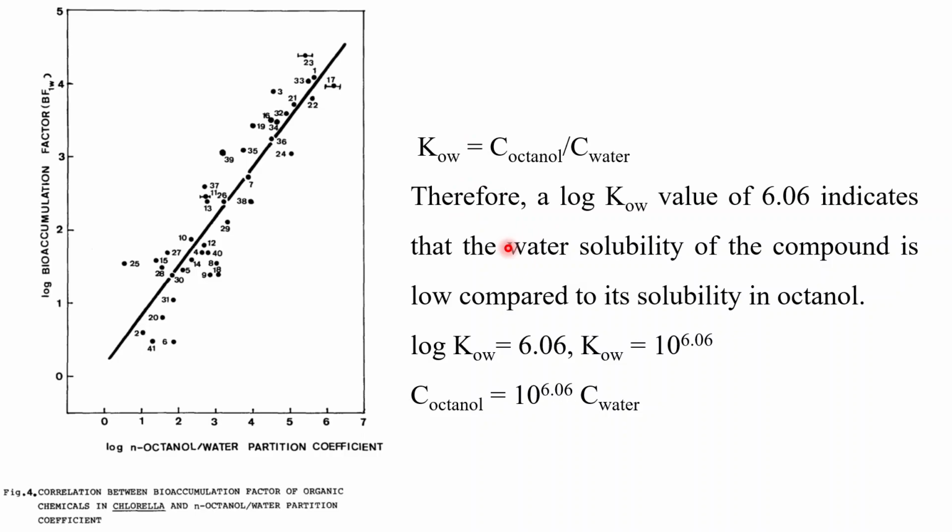So if it is a hydrophilic compound, the value of log KOW will be very low. If a compound is hydrophobic, the value of log KOW will be very high. In that way you can determine log of KOW, and based on that value you can see if a compound is getting accumulated in the environment faster or slower.